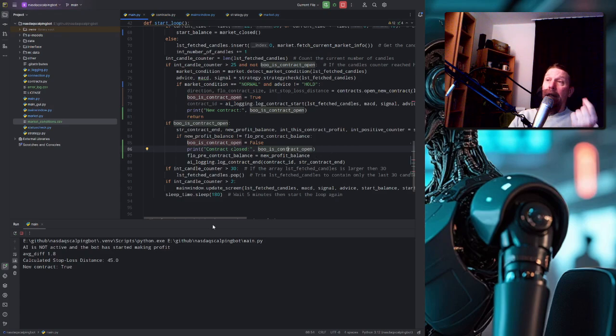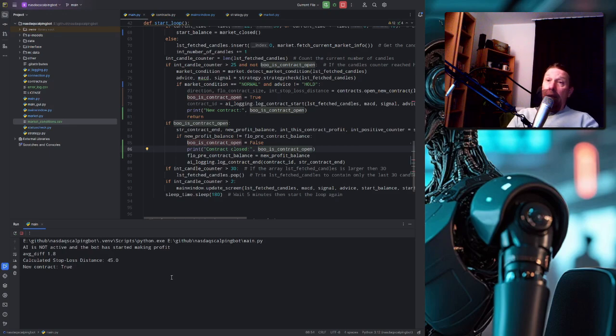Now I see that only one contract opened, and the stop loss triggered, because we have a trailing stop loss. So the trailing stop loss did close the contract, but the bot did not pick up that a contract was closed. That's what I need to change this weekend.